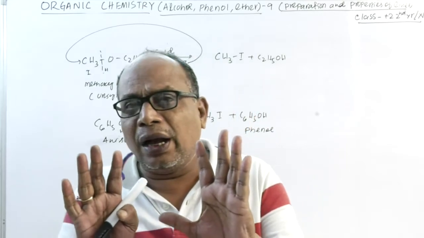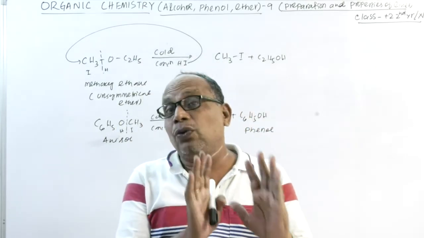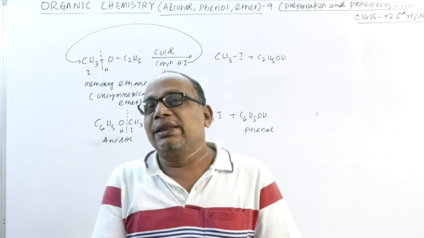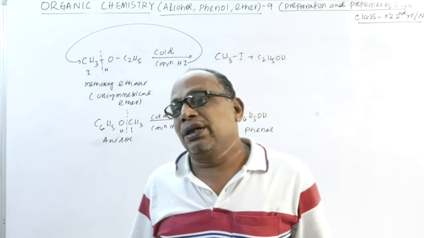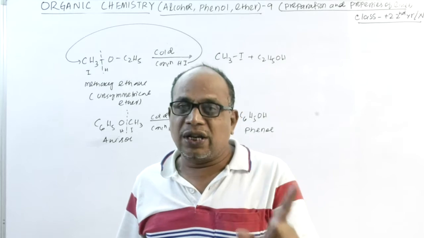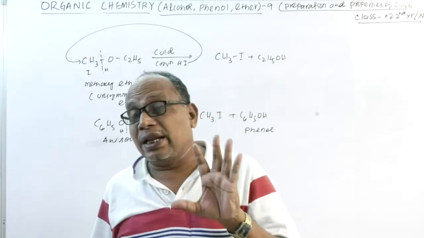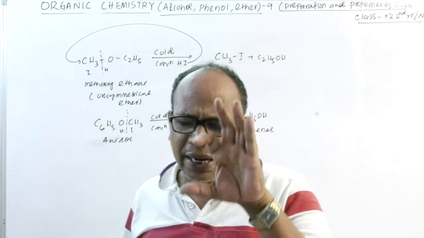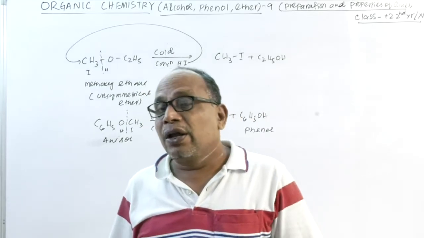If the ether has two alkyl groups and one of them is secondary or tertiary, then the iodide ion will attack this secondary or tertiary alkyl group, because the secondary and tertiary alkyl cation, the carbocation, is more stable.